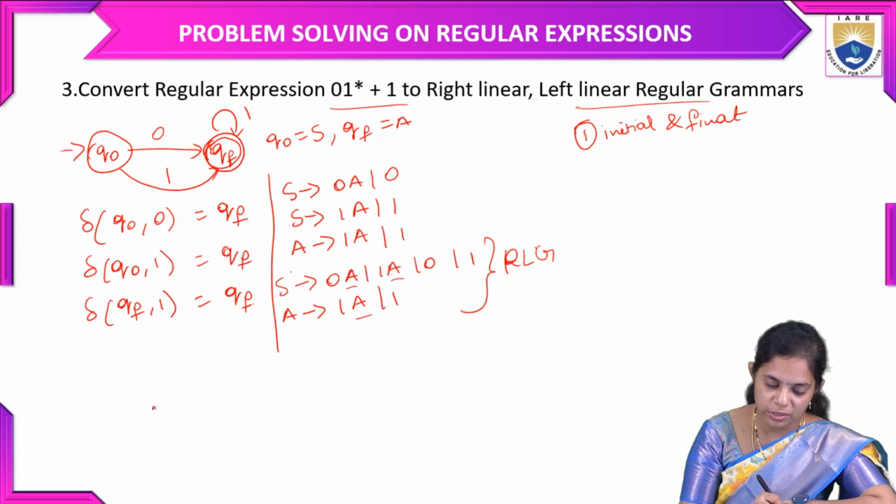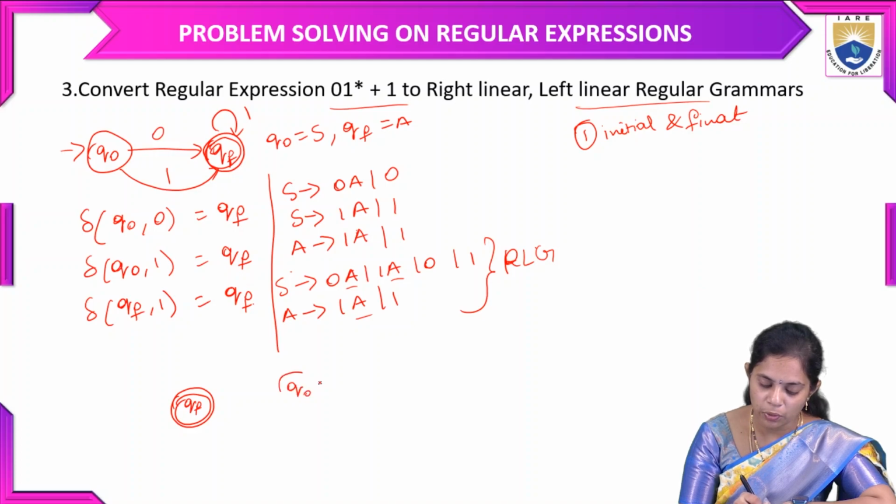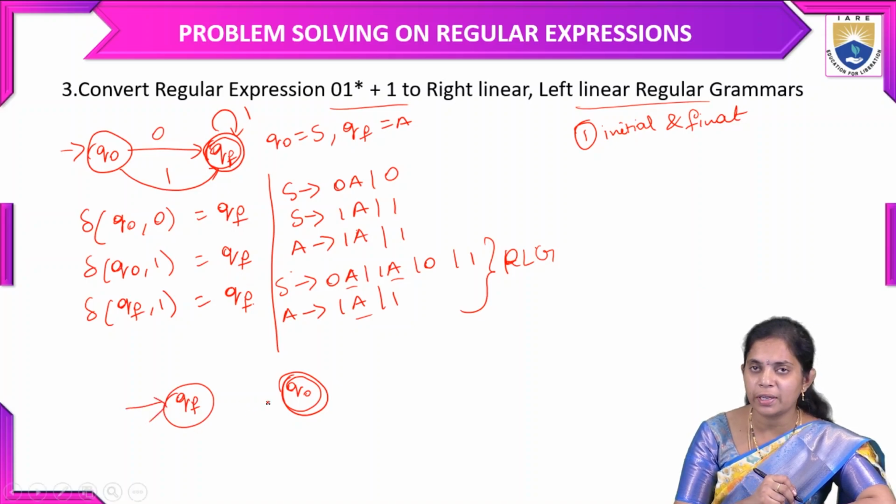So changing the initial state and final state. So now this is the QF and this is the Q naught. And we have to write the final state also changed here. QF. This is the incoming edge, this is the final state.